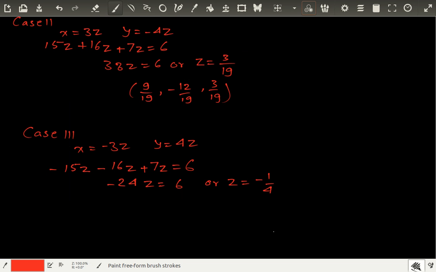So the third solution to this is x is equal to minus 3z, so minus 3 times minus 1 by 4 is 3 by 4. Y is equal to 4z, so y is equal to minus 1, and z is equal to minus 1 by 4. So this is the third solution.